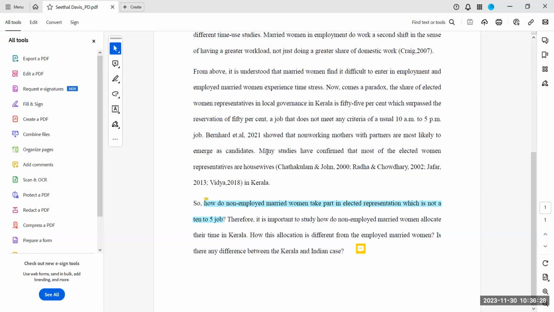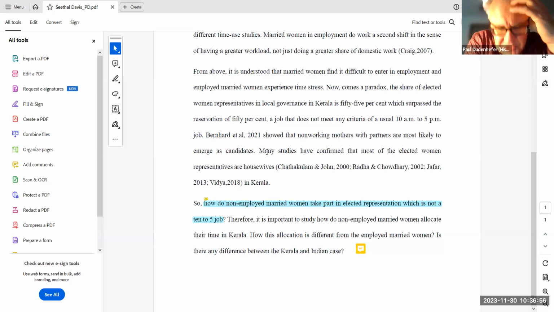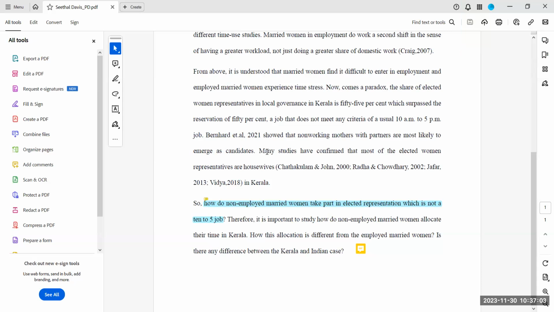This I gathered from literature. And the other thing is that we have literature in labor economics saying that mostly women do not enter the labor market because of their unpaid work. So they have to do work in the home, so they don't have time to go work for a company or something like that.